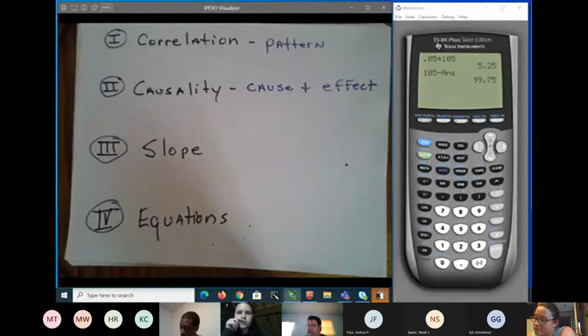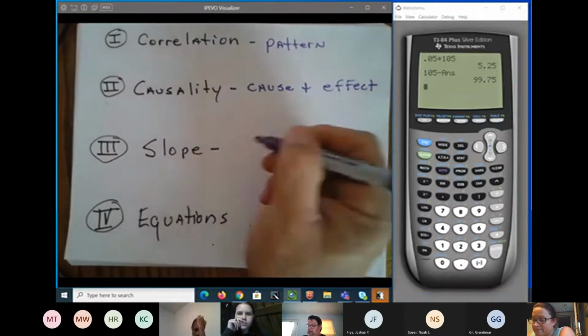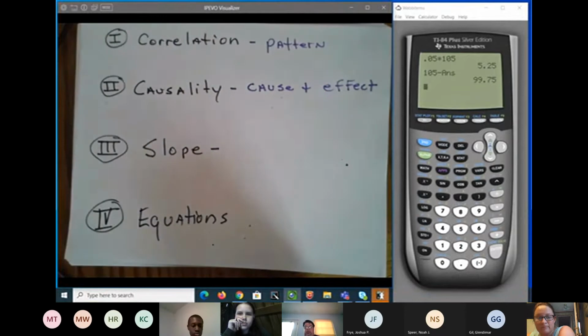I'm telling you that right now because I don't want you to think you're going to have a hard time in 4.1 and 4.2. The only people that have a hard time are the people that don't read 4.1 and 4.2.